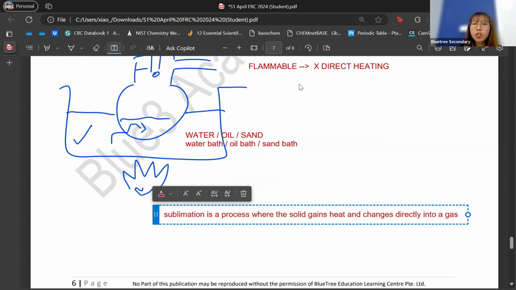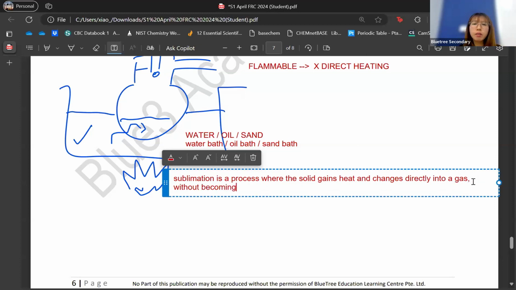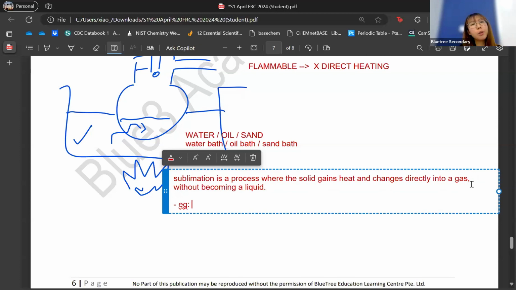It is a process just like your melting, boiling, whatsoever, a change of state. But the difference is that the solid will change directly into a gas, to be more specific, without becoming a liquid.